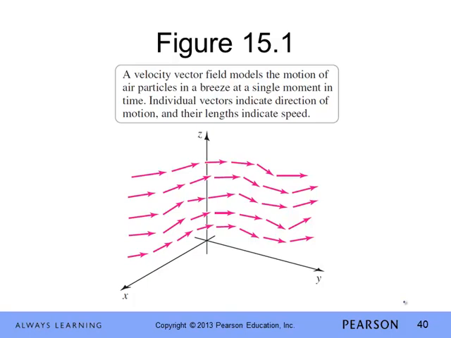So what is a vector field? Well, we like to use them a lot, especially in physics and engineering. So imagine, either on the 2-dimensional plane or in 3-dimensional space, that if you tell me the coordinates of your point, I can attach a vector to it.